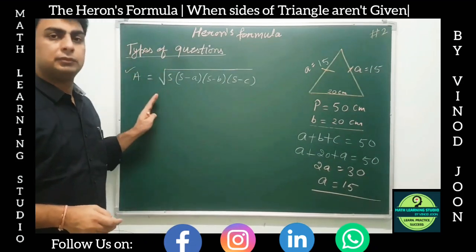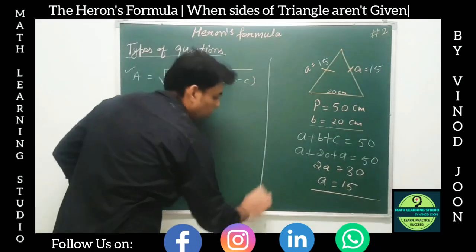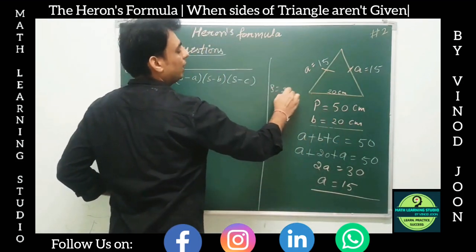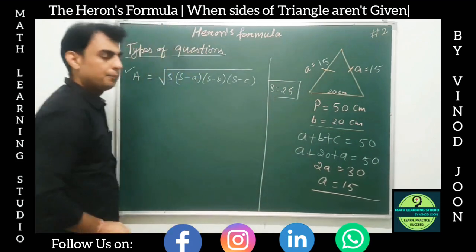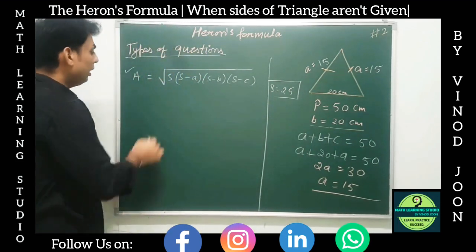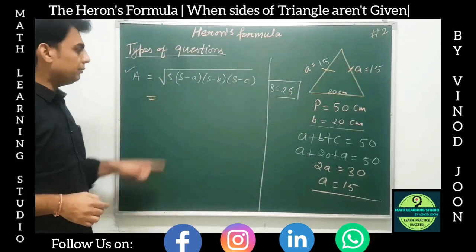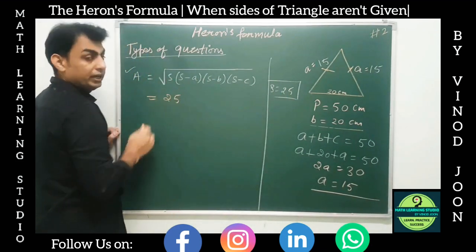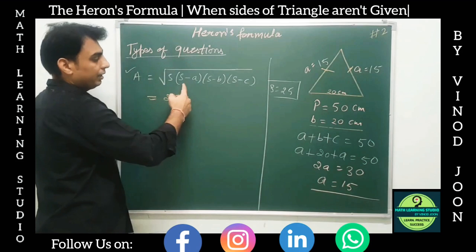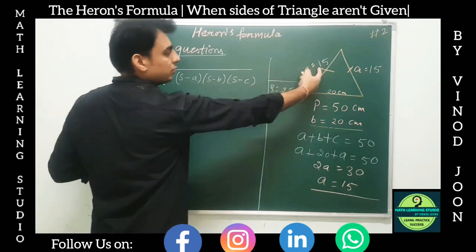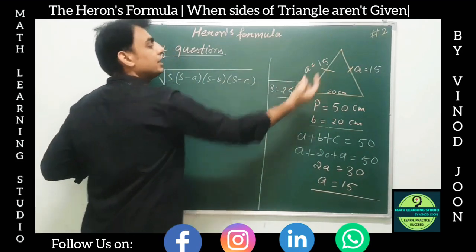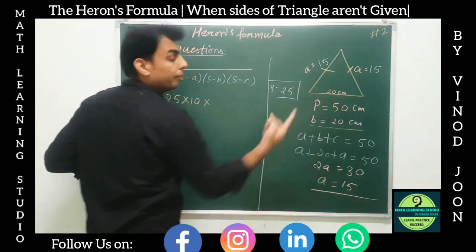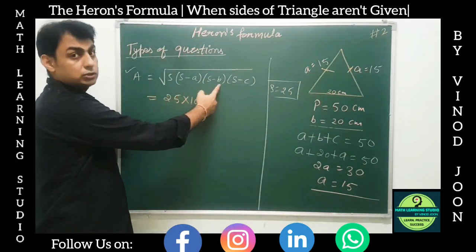Alright. Now we can apply this formula. We have the perimeter as 50, so it means semi-perimeter will be half of it, that is 25. Okay, so let us put the values in this formula. In place of s we get 25 multiplied by 25 minus first side is 15. So 25 minus 15 is 10, multiplied by 25 minus second side, that is 20.